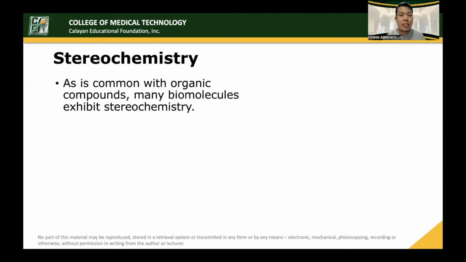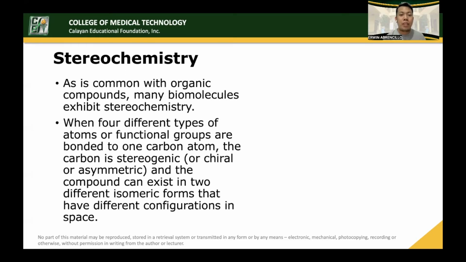As in common with organic compounds, many biomolecules exhibit stereochemistry. So when four different types of atoms or functional groups are bonded to one carbon atom, the carbon is said to be stereogenic or chiral or asymmetric. If it is achiral, it is symmetric.